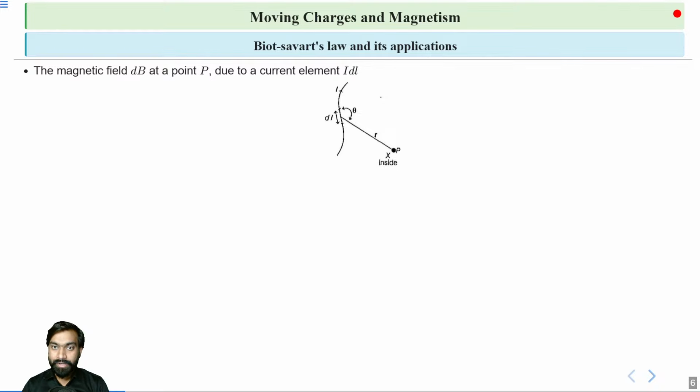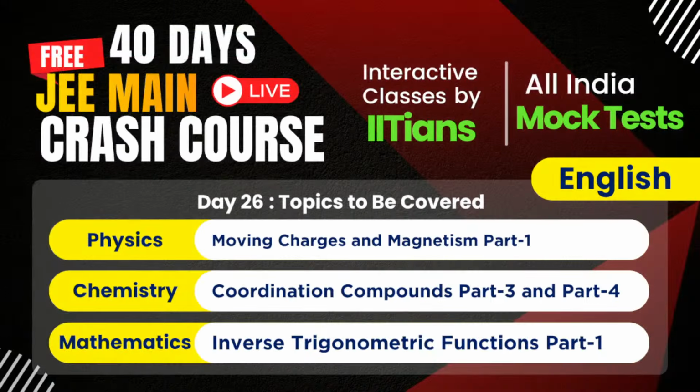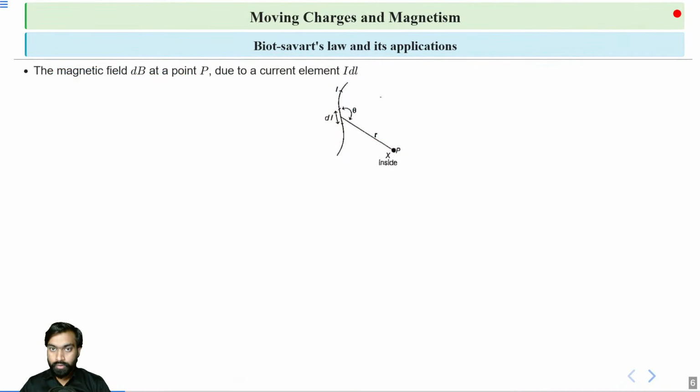So this element produces a small magnetic field dB at point P in space. The point P is at a distance r from the current element, as shown in the figure.